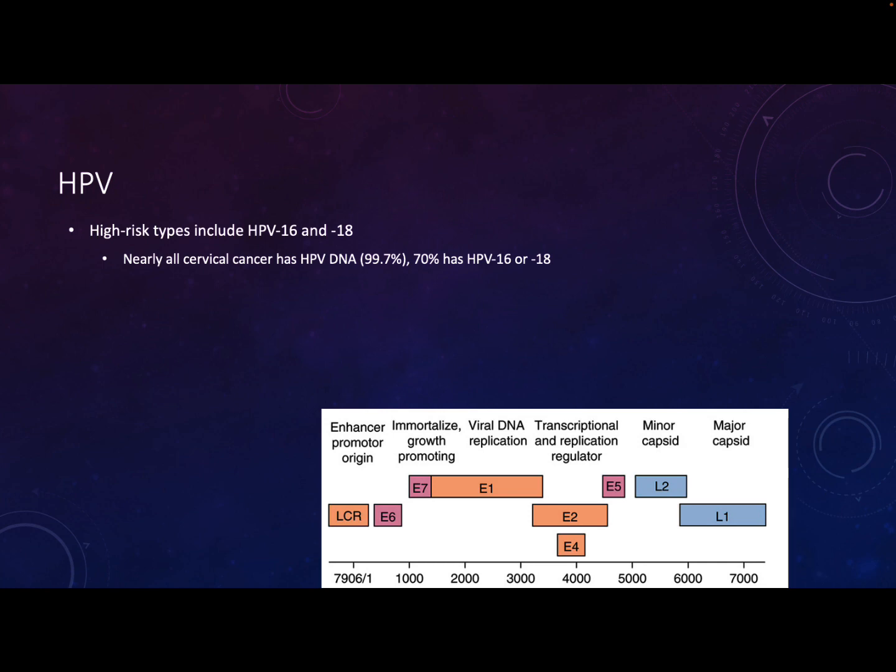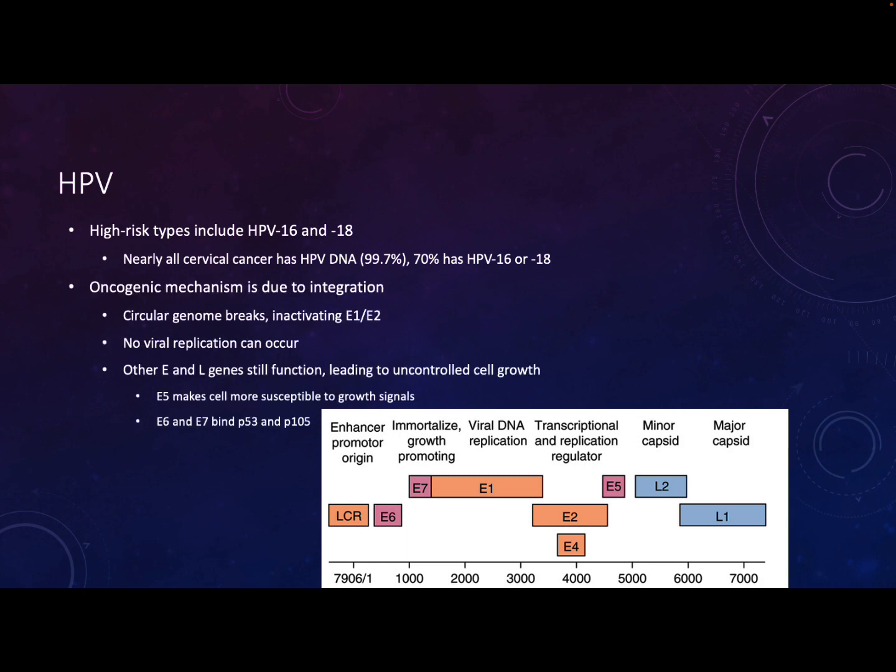It was unlucky that they developed cancer there. The rest of them, it was most likely because of HPV. And of those patients, that 99.7% who have cervical cancer with HPV, 70% of those patients have either 16 or 18. So that's why we say that those two are the most highly associated with causing cancer.